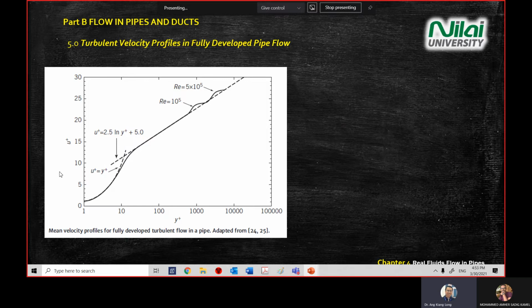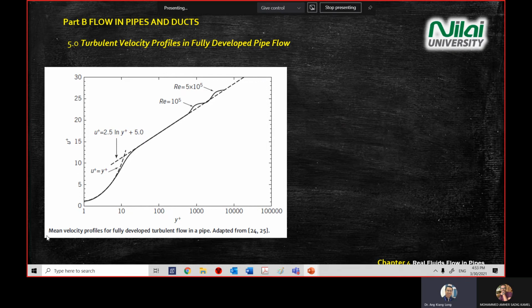In the future, maybe if you use ANSYS or any simulation software to simulate flow, you will see these two parameters, the U plus parameter on the y-axis and y plus on the x-axis. So you will see U plus and y plus in the simulation software.